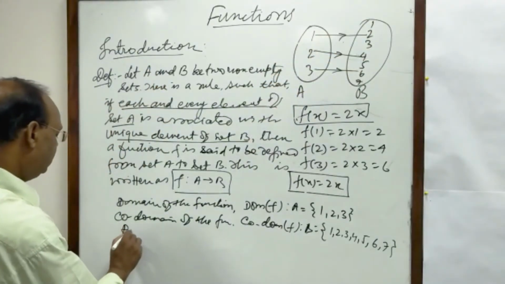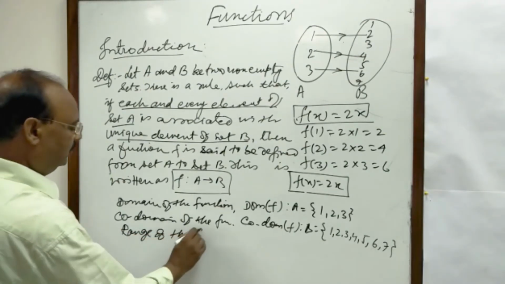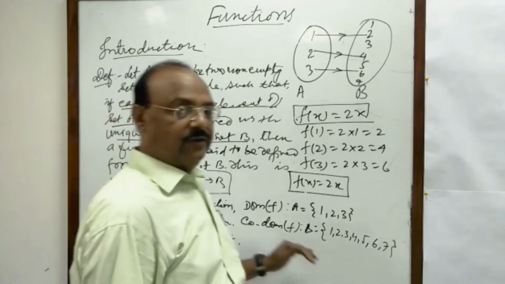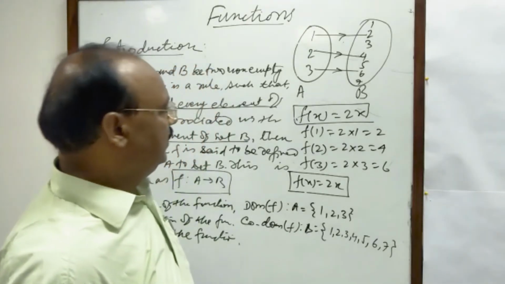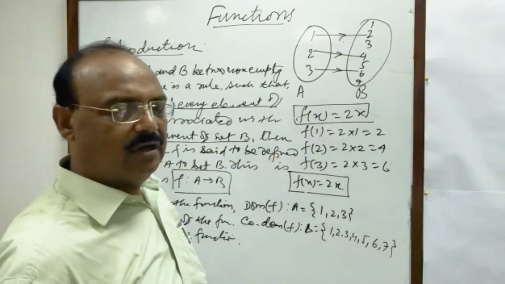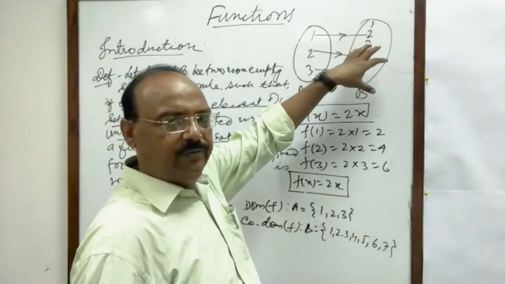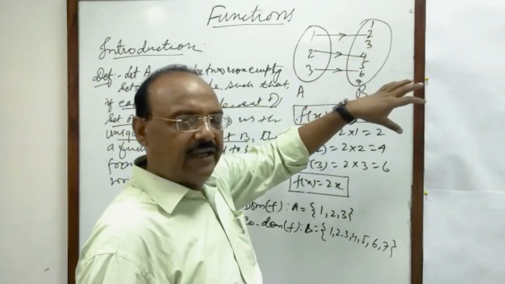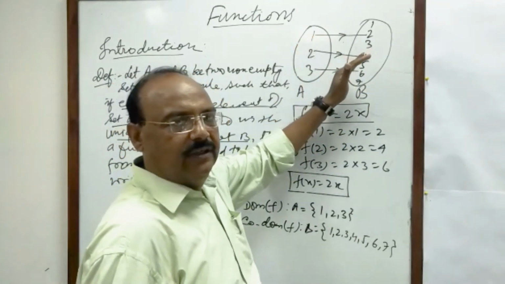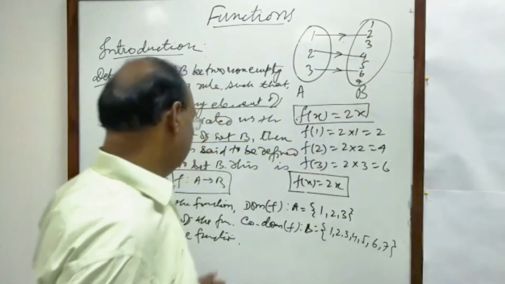And range of the function. Here try to understand carefully. Range of this function is a set which consists of only those elements of codomain, meaning set B, which are associated uniquely with elements of set A, meaning 2, 4 and 6.